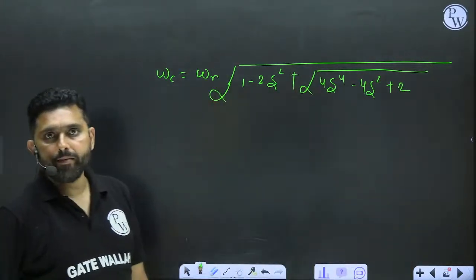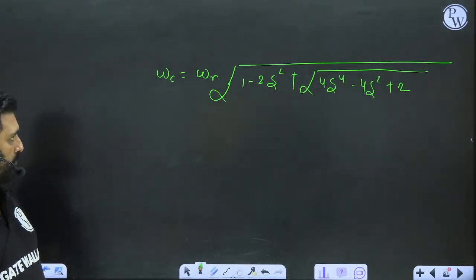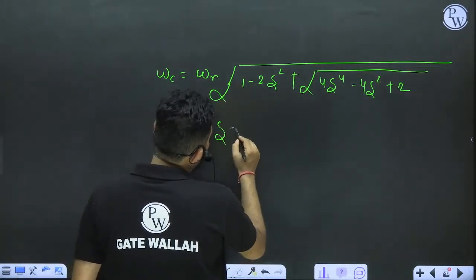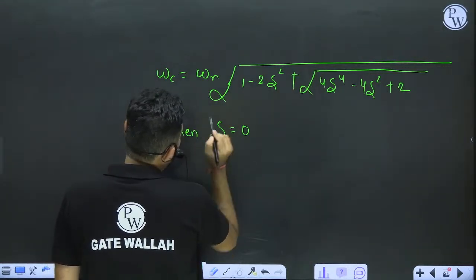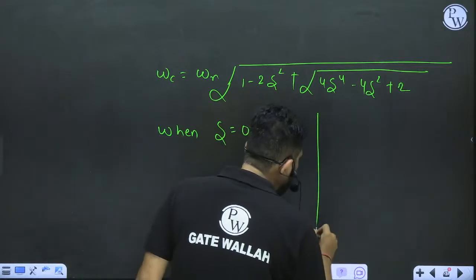So this is the bandwidth. Okay. What is the bandwidth when zeta is equal to 0? When zeta is equal to 0, then the peak is like this. See, don't you think?